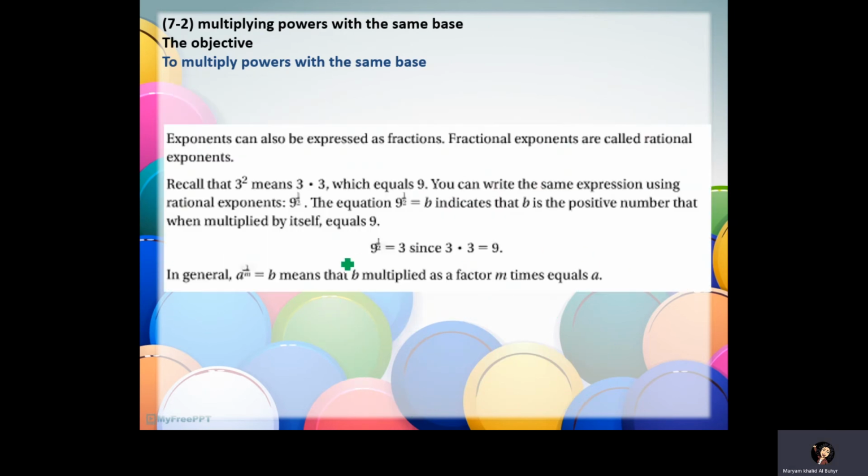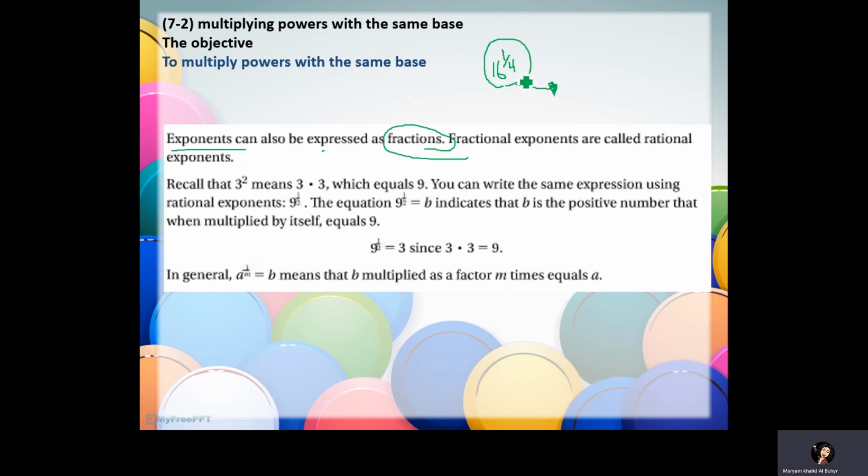Now we are going to move to something different. We will have exponents as a fraction. For example, let's say 16 to the power 1/4. What I mean by this is: what is the number that, when I multiply it by itself, will be 16?